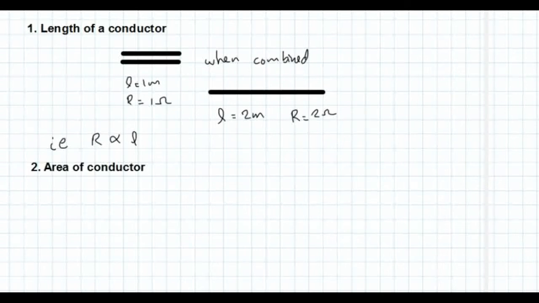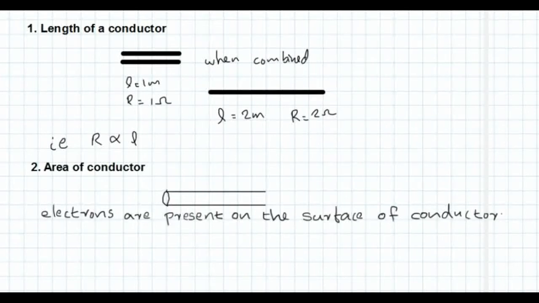Then another factor on which the resistance depends is the area of the conductor. Suppose we have a wire as shown here with this much area, and we know electrons are actually present on the surface of the conductor. So this is a conductor, and we can assume the free electrons are distributed equally on the surface of this conductor as shown here.